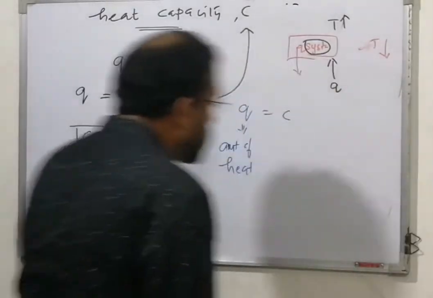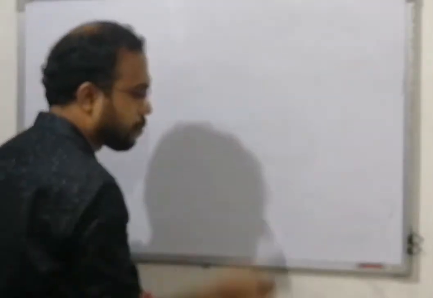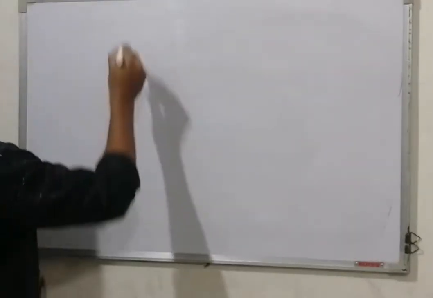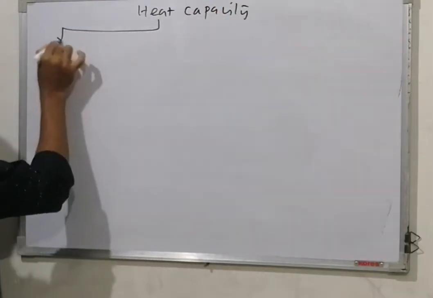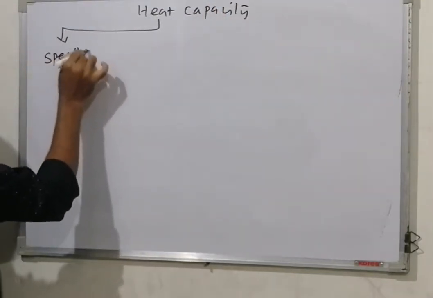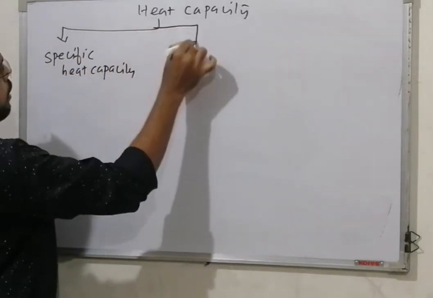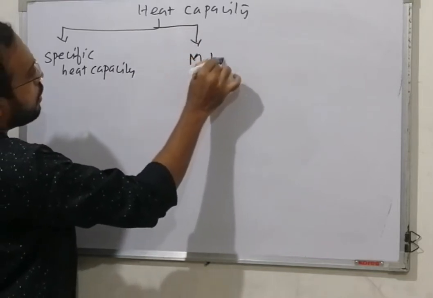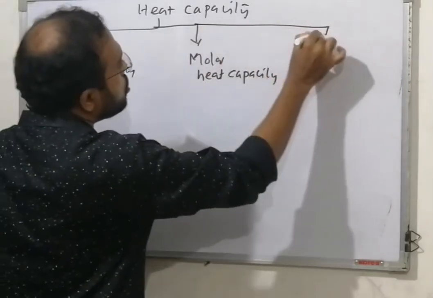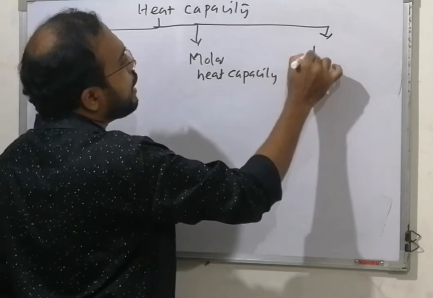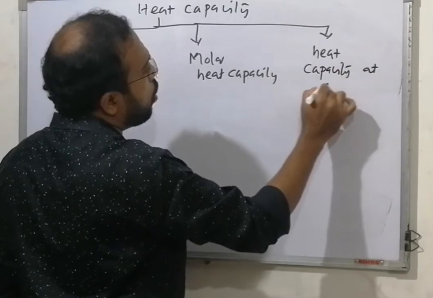Okay. Now, students, we have different kinds of heat capacities. One is specific heat capacity. Second one is molar heat capacity. Third is heat capacity at constant volume.